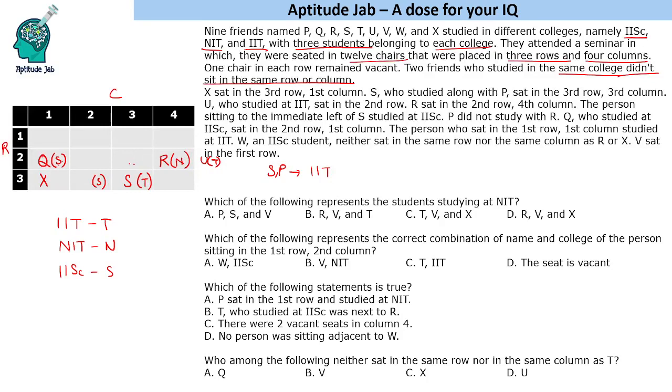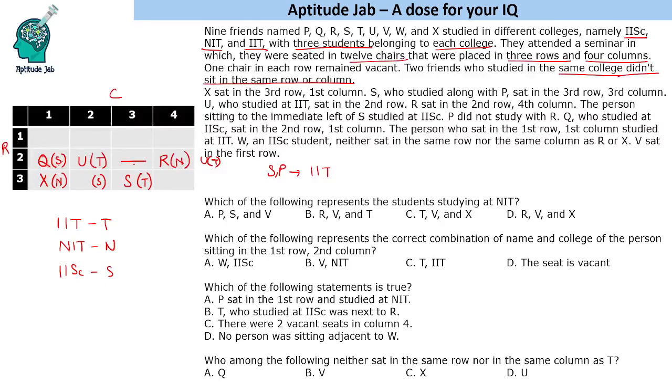Now S is from IIT, so this person cannot sit in this seat. So U will be sitting on this seat and is from IIT. So this seat is vacant in this row. Right. Now, this also gives that X should be from NIT because IISc, IIT, this has to be NIT.